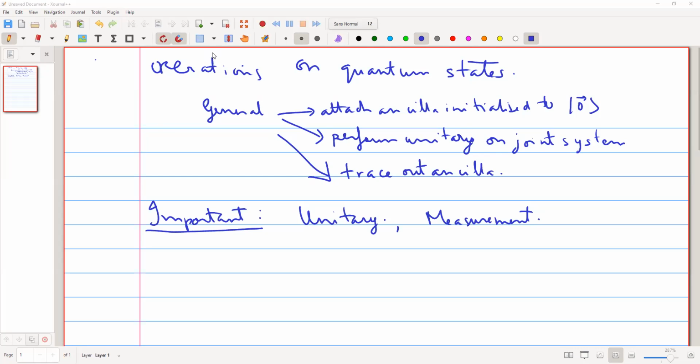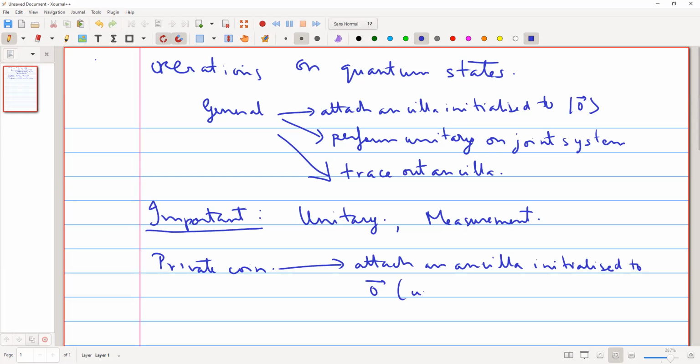Okay. So in the private coin algorithm, remember what we did. Things were similar, except the very first step was to attach an ancilla initialized to 0, which is the workspace.